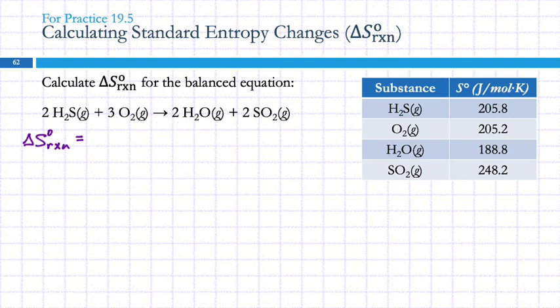So we have 2 moles of water times the entropy for water, 188.8 joules per mole Kelvin, plus the other product, 2 moles of that, times its standard entropy, 248.2 joules per mole Kelvin.